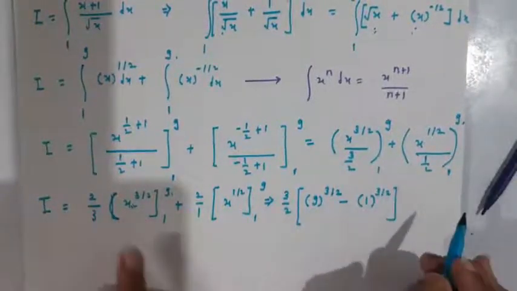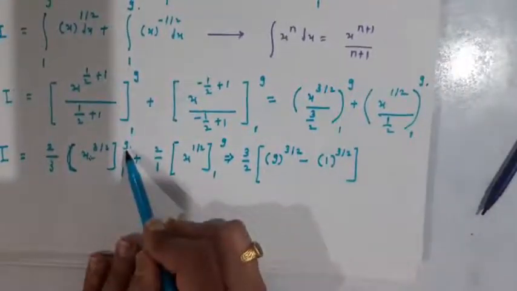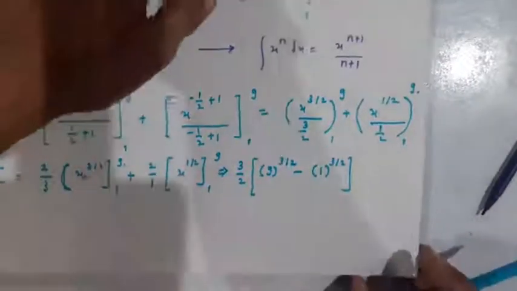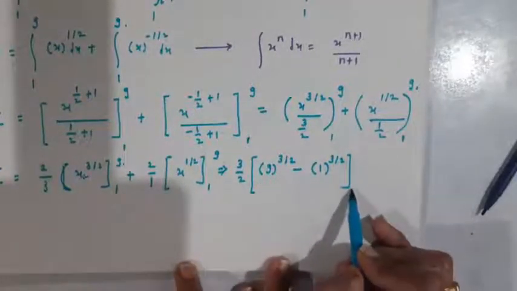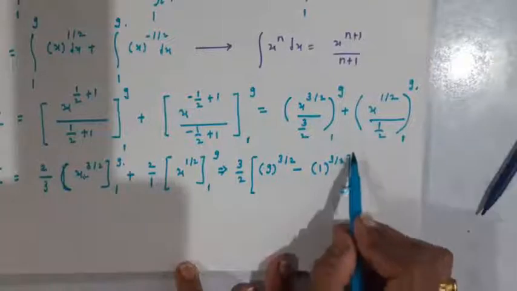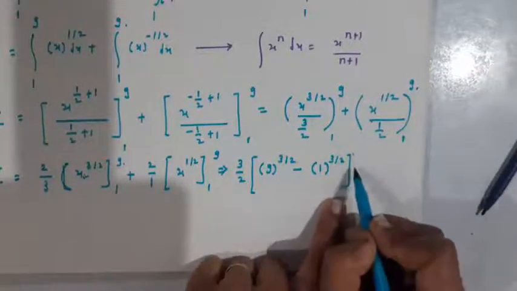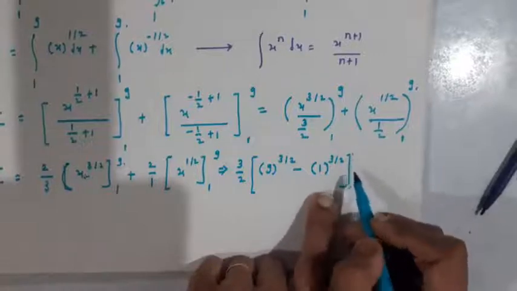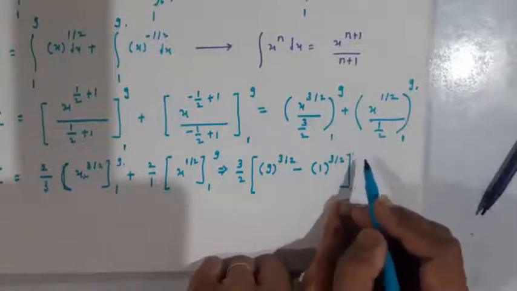Okay students, when we put the upper limit and lower limit, then don't write the limits on the bracket. See here, I have not written the upper limit and lower limit here.